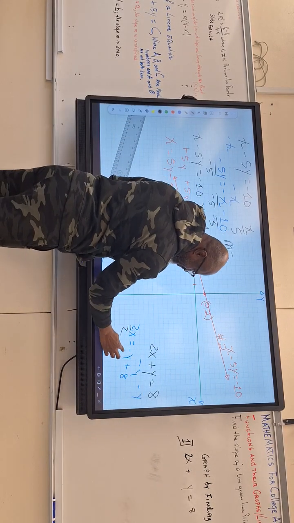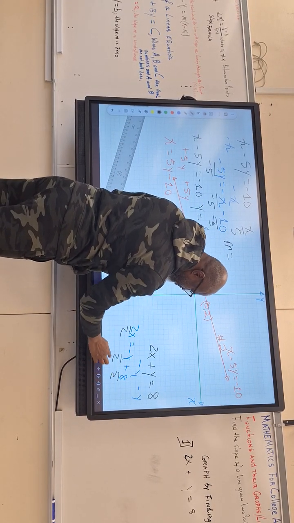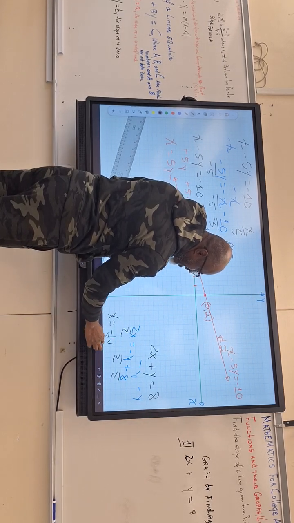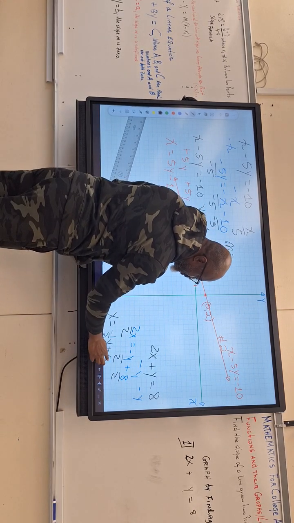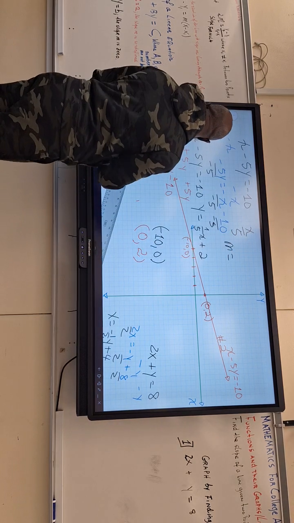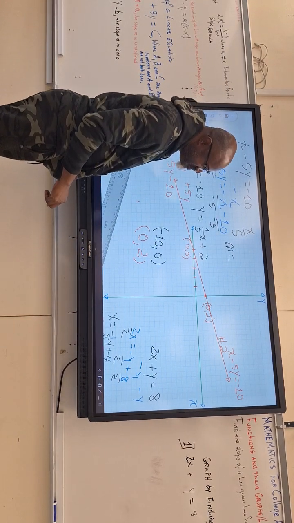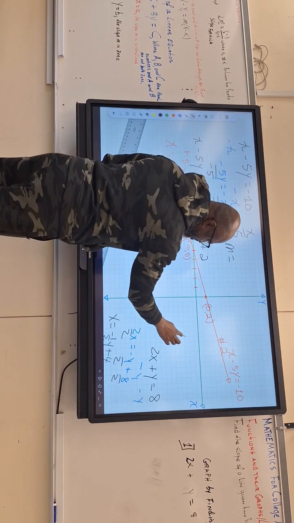Divide by 2. And I will have x equal negative 1/2 y plus 4. That's my x-intercept, right? As an ordered pair, what will that be? 4, 0. My x-intercept is 4, 0.